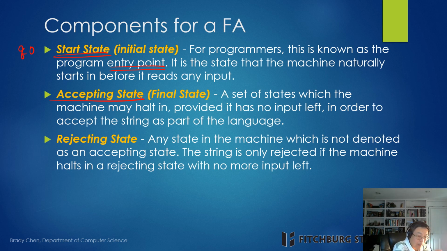Then it reads the second symbol, combined with the current state it is resting in, and determines the next state. The machine keeps reading the symbols in the input until it reaches the end of the input stream.